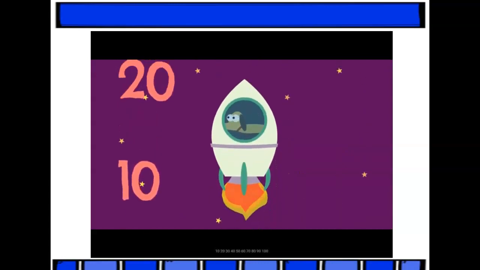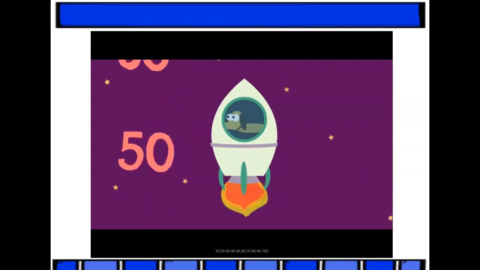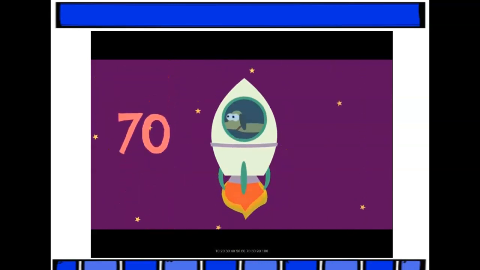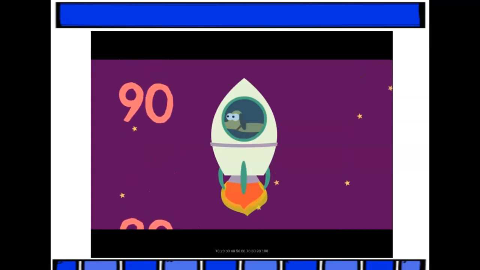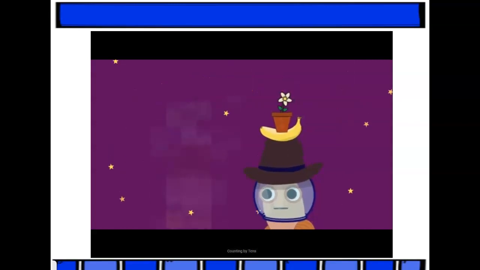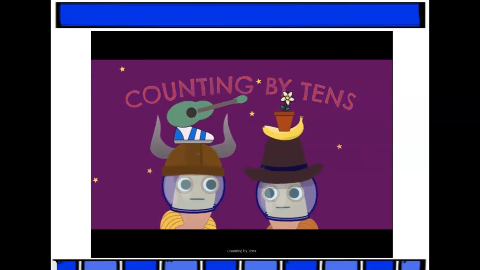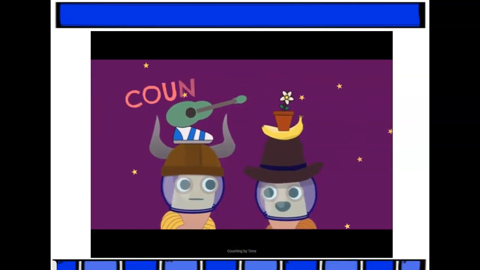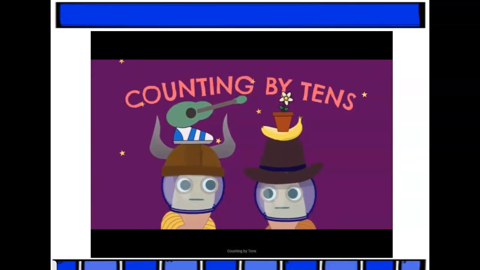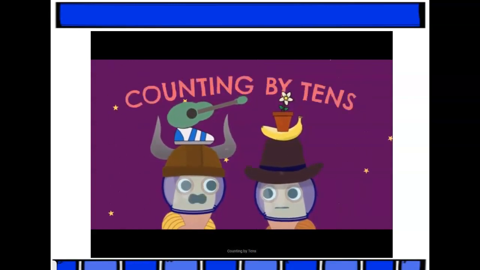Right from the beginning, starting from 10, 10, 20, 30, 40, 50, 60, 70, 80, 90, 100. Counting by tens. Counting by tens. Counting by tens. Counting by tens. Counting by Tens. tens.